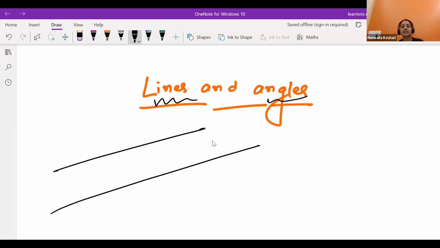Then the chances are these two lines will be parallel, or these two lines will intersect each other. We can have only two cases: either these two lines intersect, or they are parallel, non-intersecting.